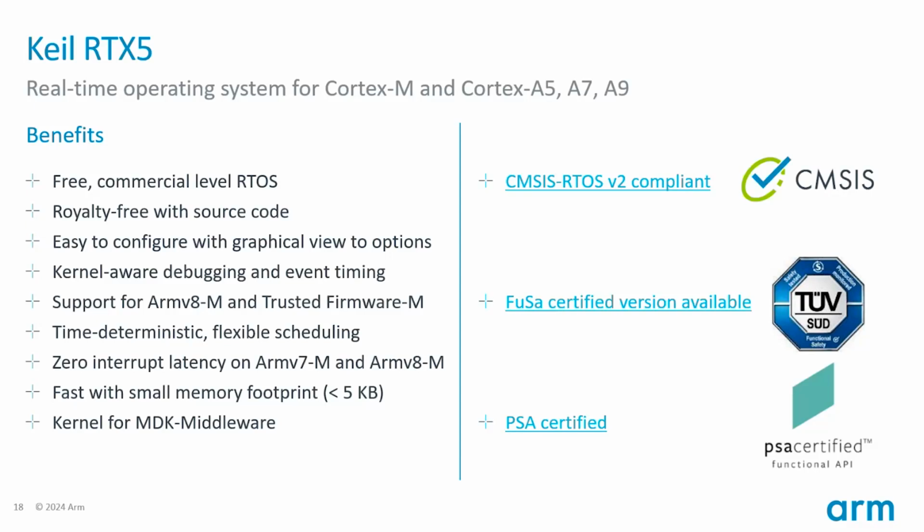We support all the latest and greatest in technology like Armv8-M and Trusted Firmware-M. Of course, it's an RTOS, so time deterministic, and has a very small footprint. And we use that kernel under the hood for MDK middleware. Keil RTX is a native implementation of the CMSIS-RTOS2 API.